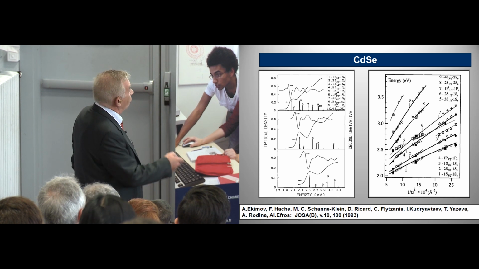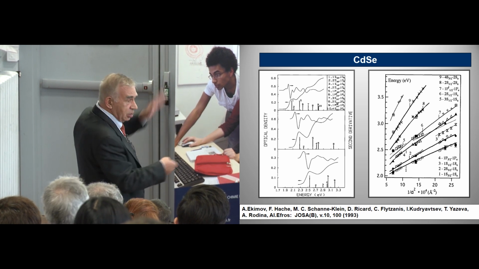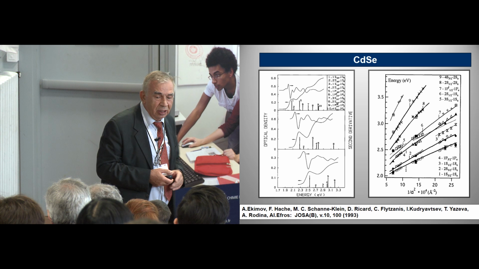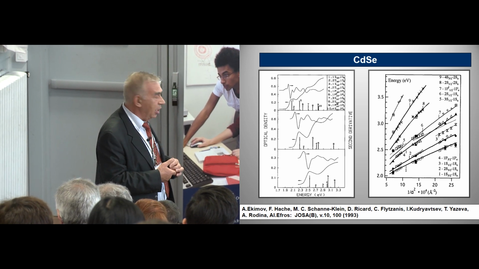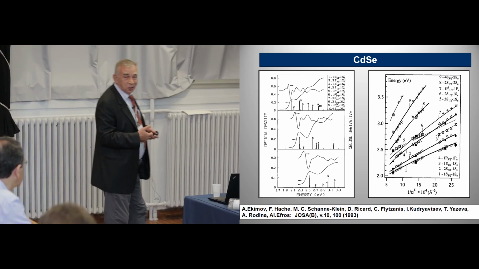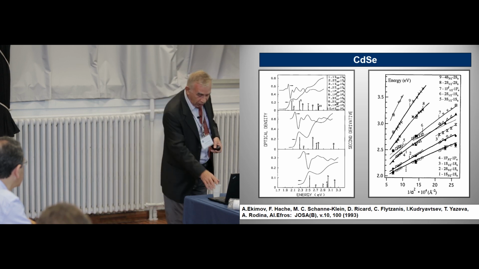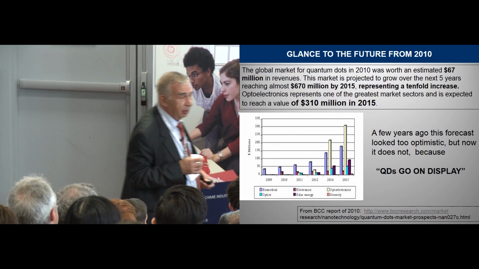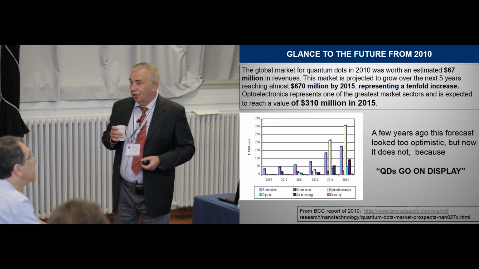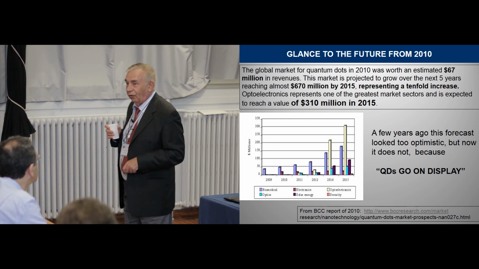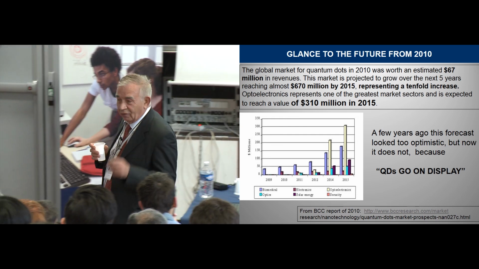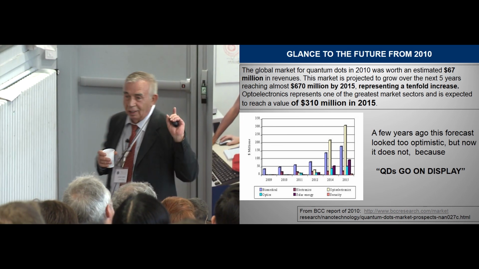And of course, between these dates, actually 10 years, there was a lot of other activity, such as Auger recombination and more. It's not like we were sitting waiting for years. We are coming from the past to the future, but not to the future of today, but the future of 2010.